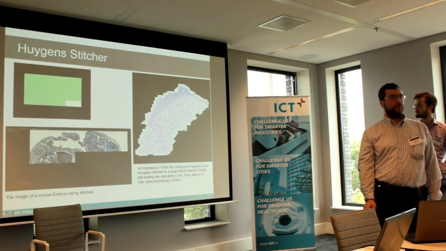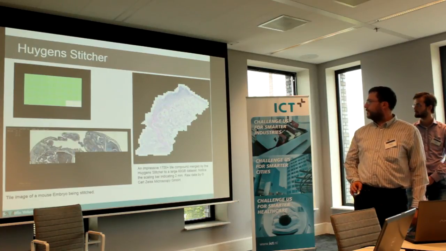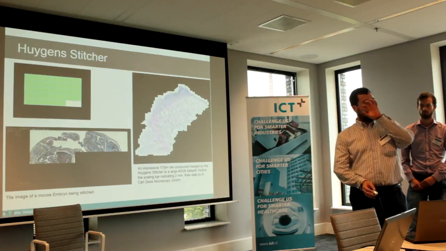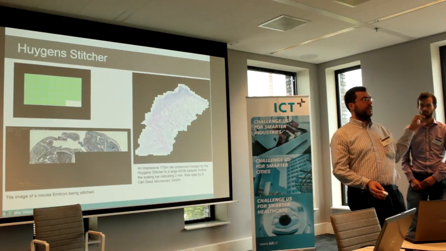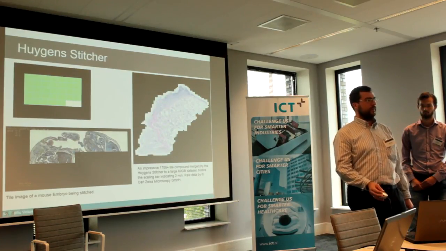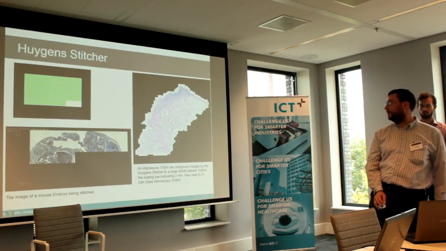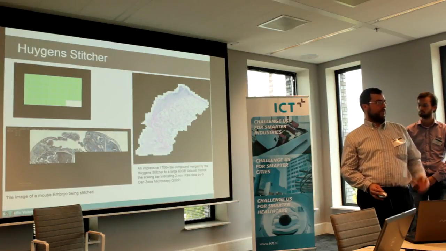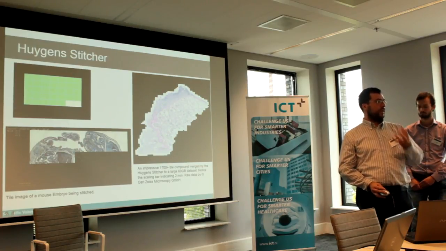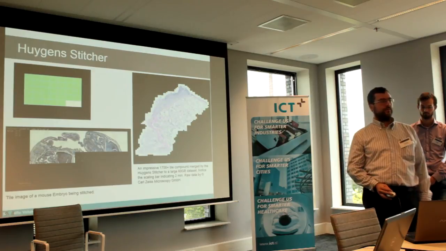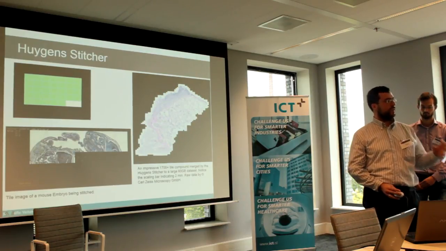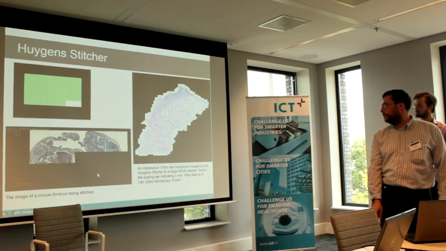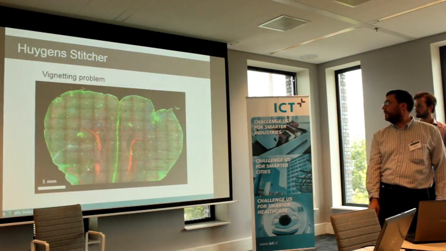The stitcher tool is quite familiar if you think about a smartphone or a compact camera, where you can take panorama pictures which are stitched together into a single picture. Well, you may want to do that with microscopic images too, then maybe in 3D, but if you have a certain field of view of the microscope, you can move a stage and collect multiple images which can then be stitched together.